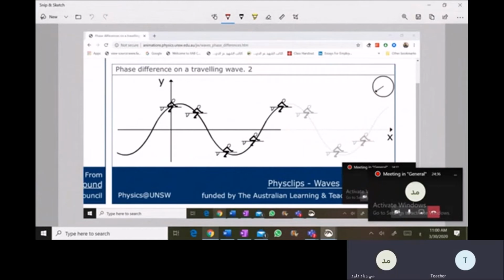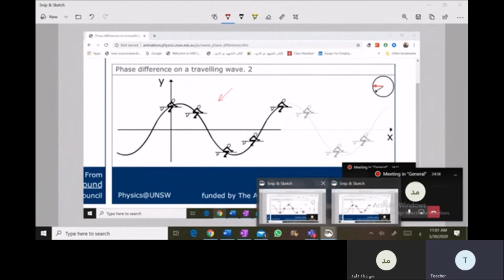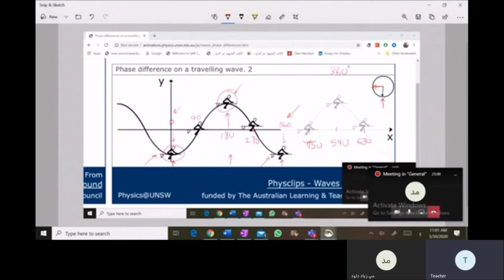We want to take another snapshot after a quarter cycle, or when the time becomes what? A quarter cycle. Now we have to compare the phase here with the phase here. Okay, we have to compare them, or we have to draw another wave.